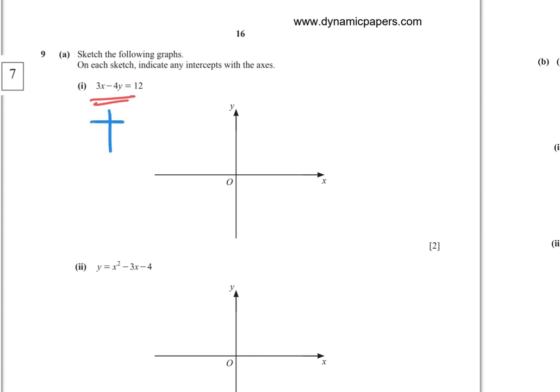So to draw, we can put x equals 0, so negative 4y equals 12, divide by negative 4, so y equals negative 3. And if you put y equals 0, so 3x equals 12, divide by 3, so x equals 4. So (0, negative 3) and (4, 0), join them, so this is the straight line.